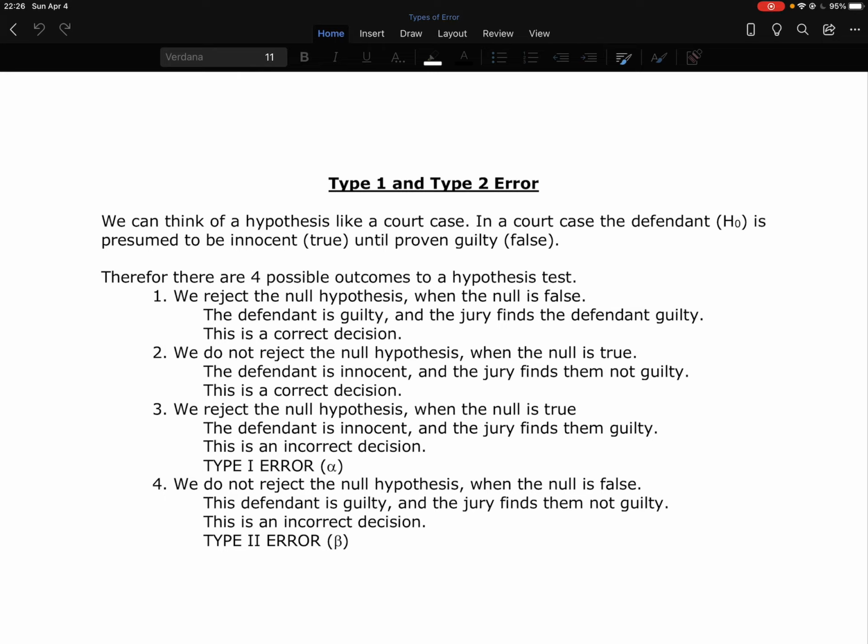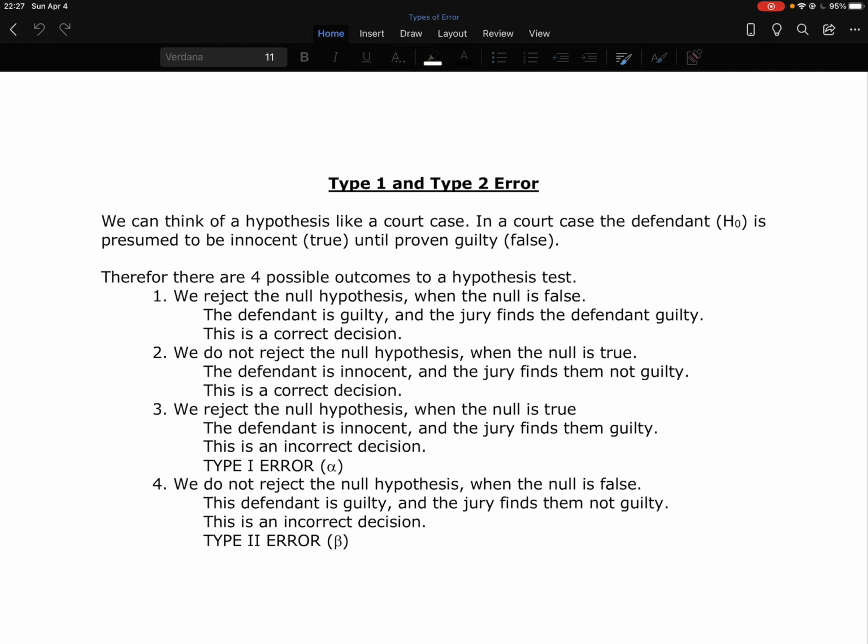So, when we are performing a hypothesis test, there are 4 possible outcomes to this test. The first possible outcome is we reject the null hypothesis, and the null hypothesis is false. This is analogous to a defendant being guilty, and the jury finds that defendant guilty. This is a correct decision.